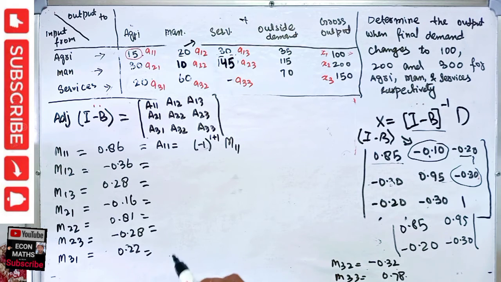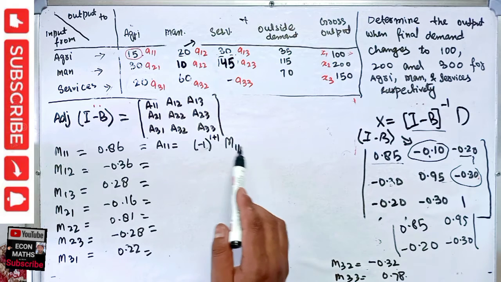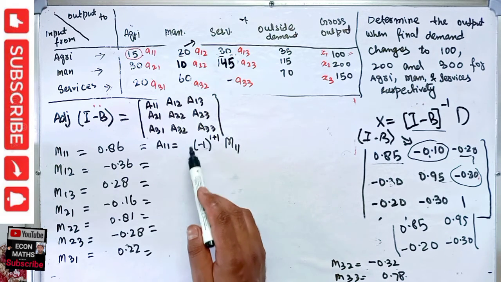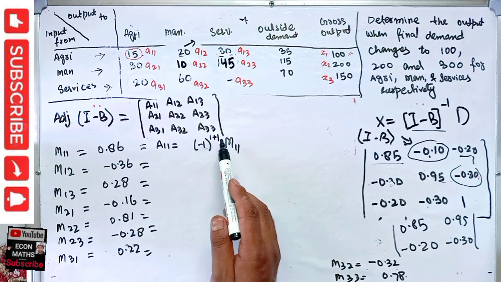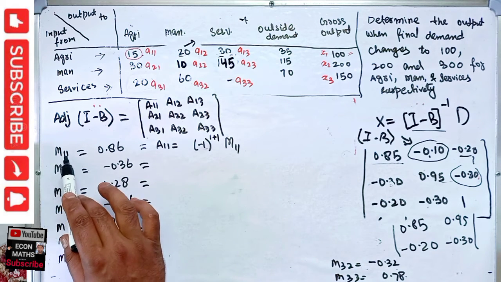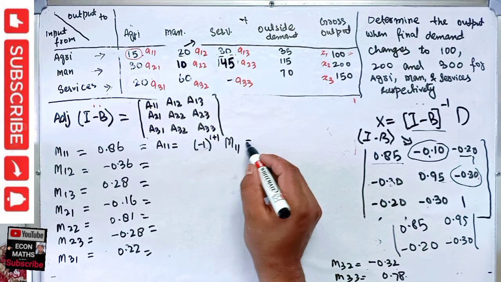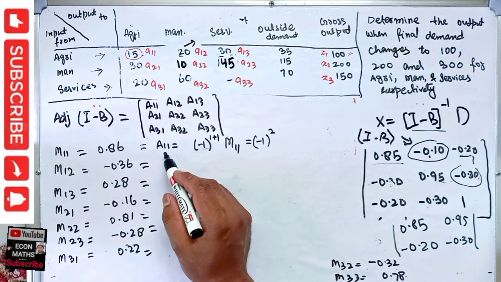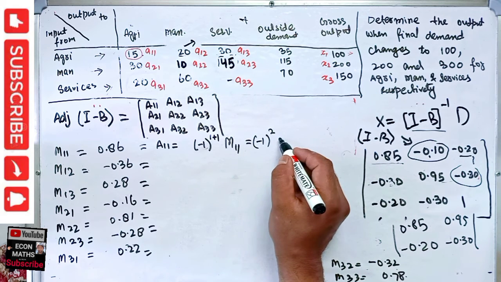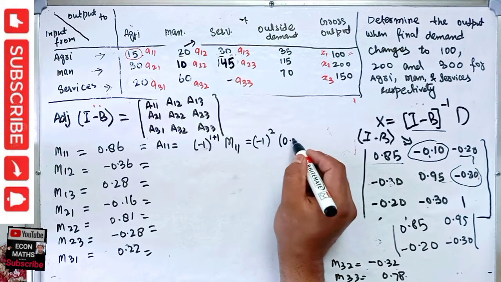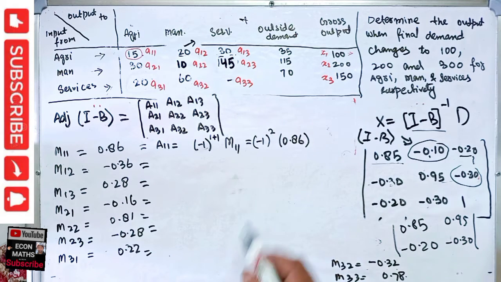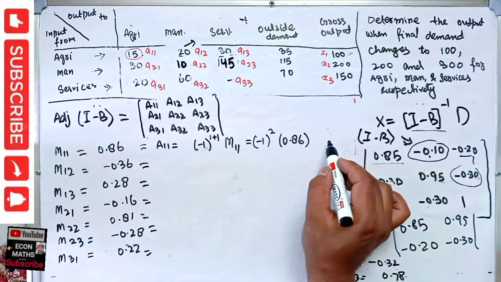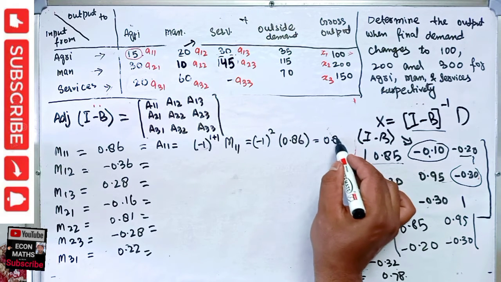It simply tells us that to find this A11 we take this minor and multiply it with minus 1 raised to the power of the addition of the subscripts. Now 1 plus 1 is 2, M11 which we got is 0.86. We see here the power is positive, minus 1 squared is positive, so we will get 0.86 again.